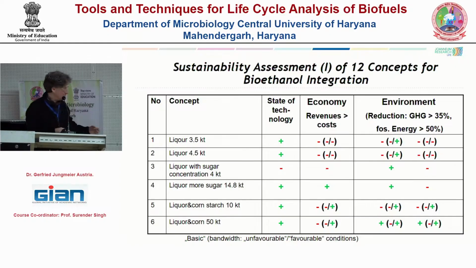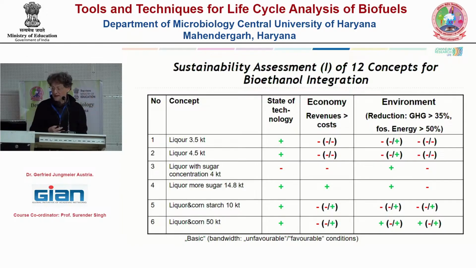Yeah, so the first ones are really small, because with the black liquor you can only make up to 5,000 tons bioethanol per year, because they have very little sugar in the black liquor. And this is, at least from an economic point of view, a very small facility. And even for lignocellulosic, as Professor Singh also mentioned, you need a certain scale, economy of scale, due to the efficiencies, but also the investment costs, and the investment is high, the capital cost is high, and also the feedstock is high.